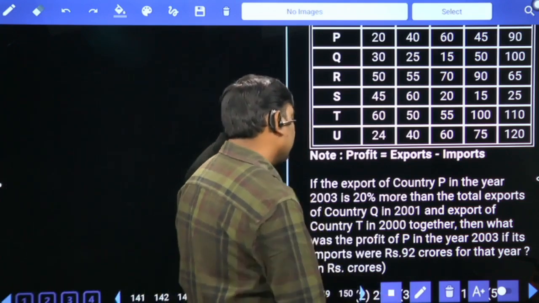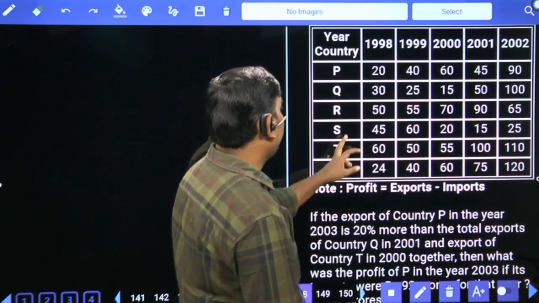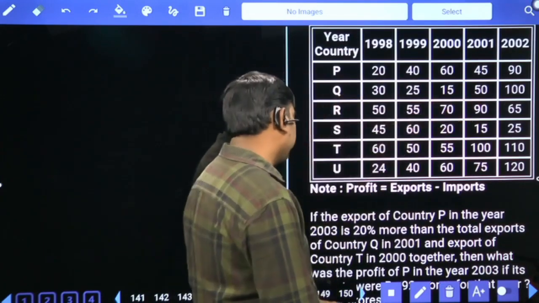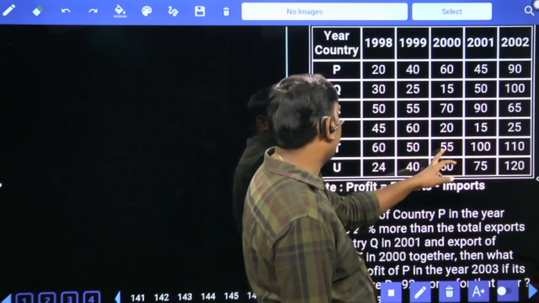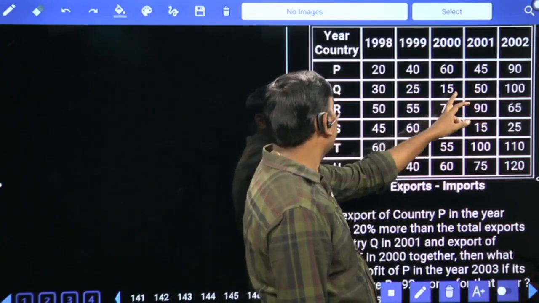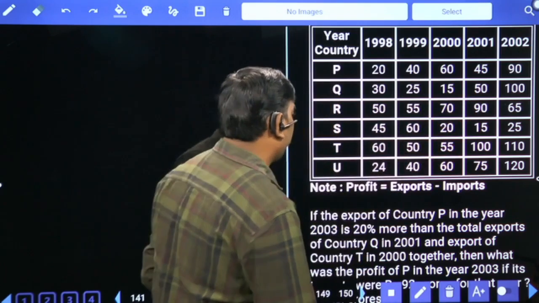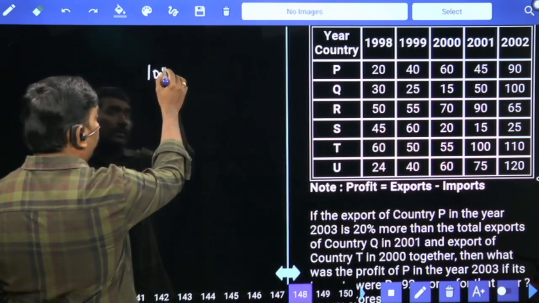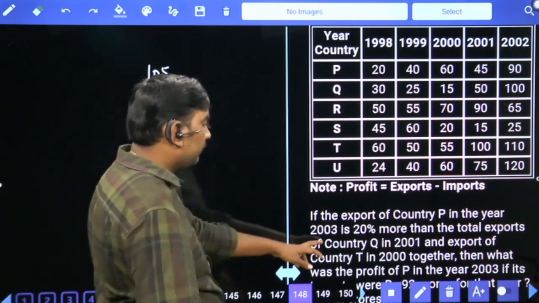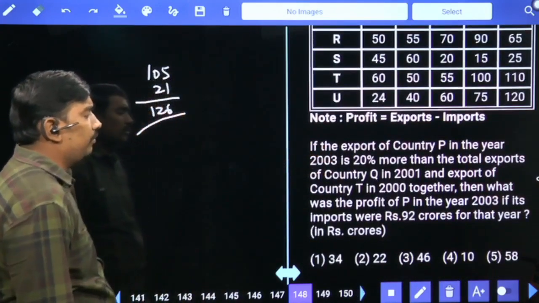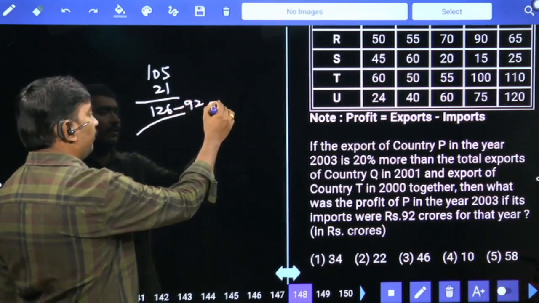First of all, country Q in 2001 is 50, country T in 2000 is 55. 50 plus 55 is 105. This is 20% more, means 21 extra, 126. Then what was the profit of P in the year 2003 if its imports were 92? So 126 minus 92, 34.